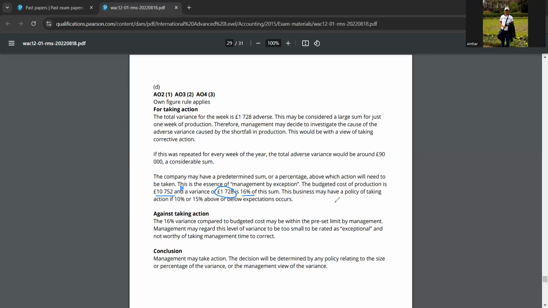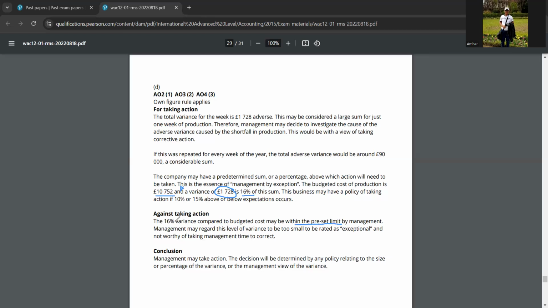Now, against taking action, that means they are telling the management by exception rule should not be implemented. So what does that mean? They are saying the 16% variance compared to budgeted cost may be within the preset limit by management.